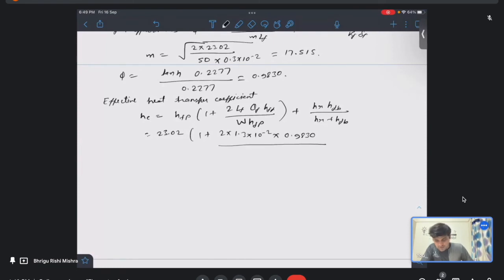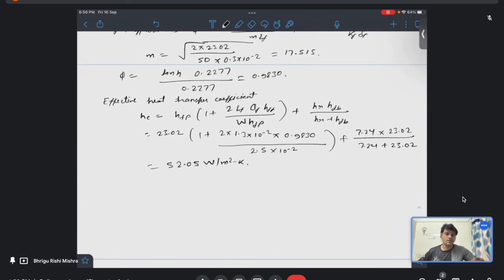So upon W, which is 2.5 into 10 to the power minus 2, plus HR, we have calculated 7.24, HFB 23.02, 7.24 plus 23.02. If you solve this, it turns out 52.05 watt per meter square per Kelvin.